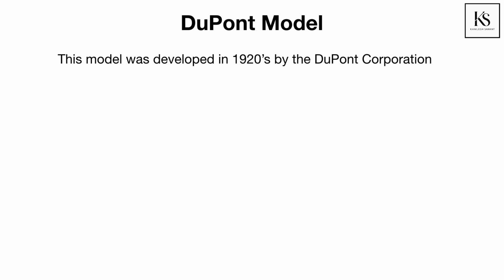The DuPont model breaks up the ROE formula into three components, with each part representing a certain aspect of business. The DuPont analysis uses both the P&L statement and the balance sheet for the computation. The ROE as per the DuPont model can be calculated as follows. Let us look into the three components.